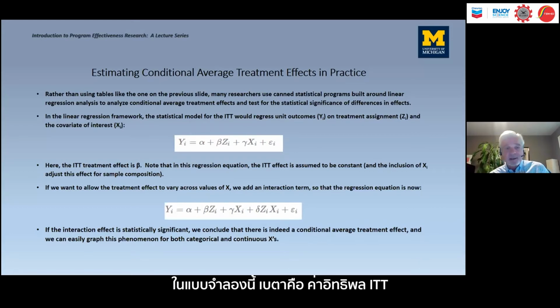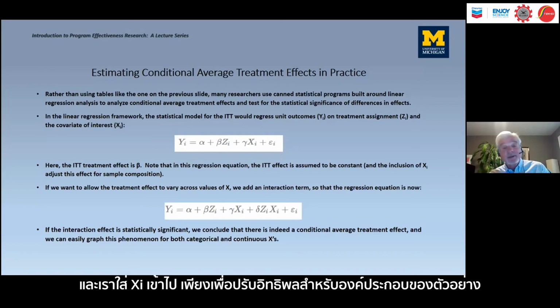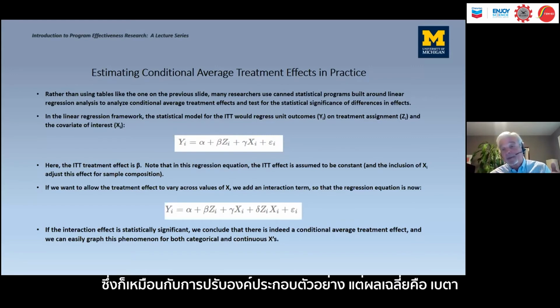In this model, beta is the ITT effect, and in this regression equation, it's assumed to be constant across everybody. We've put the xi in there simply to adjust the effect for sample composition, but the average effect is beta.